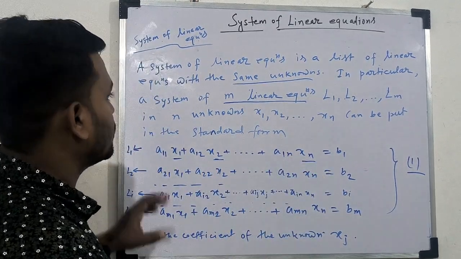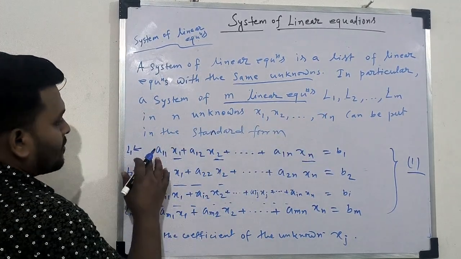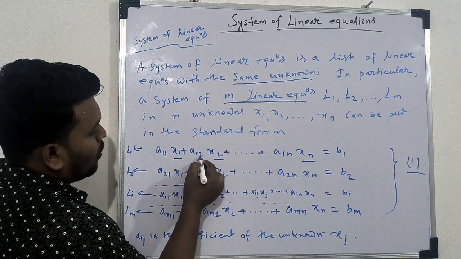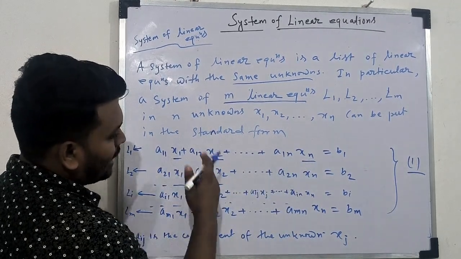So the system can be put in this form. This is the first equation, a11 x1 plus a12 x2 plus a1n xn equal to b1. There are n unknowns, that is n columns.